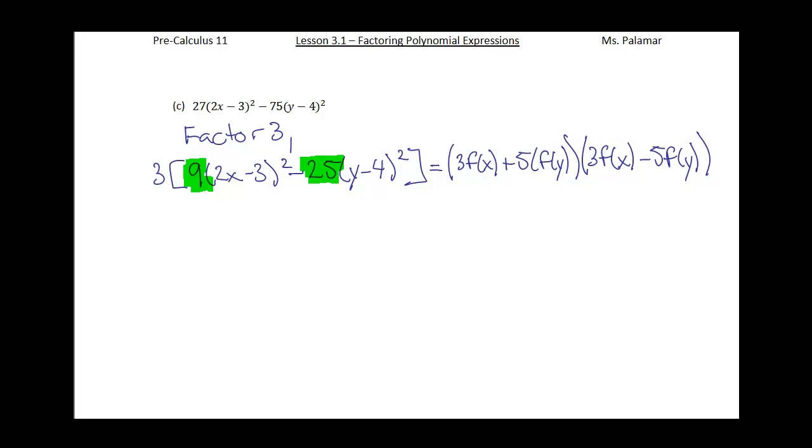So here we have f of x equaling 2x minus 3 and f of y equaling y minus 4.